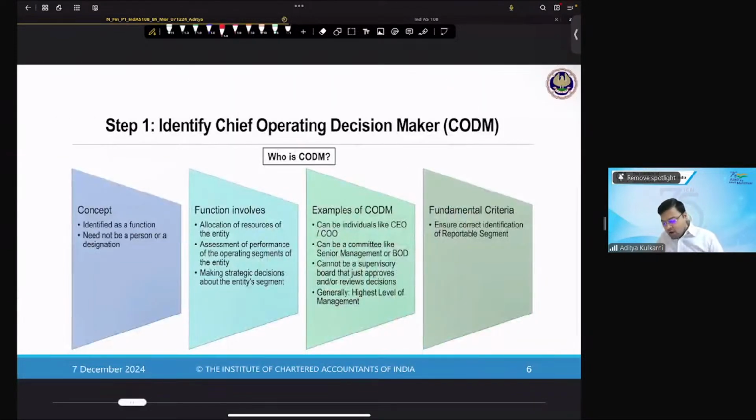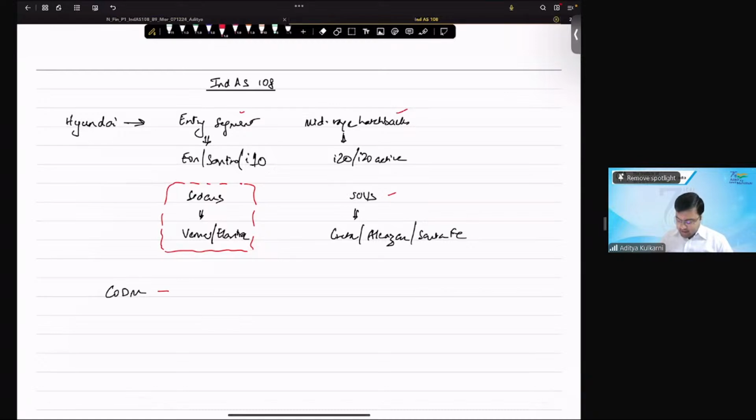Okay, now we come to the critical analysis, that is stepwise discussions. So step 1, who is the chief operating decision maker? As I said, the chief operating decision maker is that person who is responsible for allocation of resources, for assessing the performance, for generating the numbers, for the profitability.